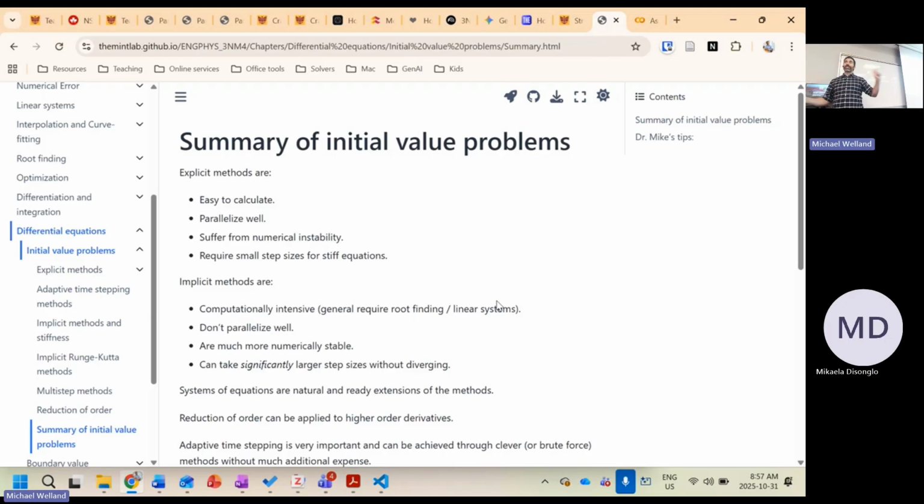But it suffers from numerical stiffness and instabilities, and that requires necessarily small time steps. Small is a vague word. We can actually give numbers to that. It turns out to be related to your, okay, a little bit of an advanced peek.